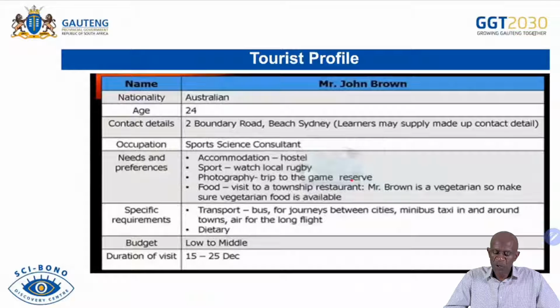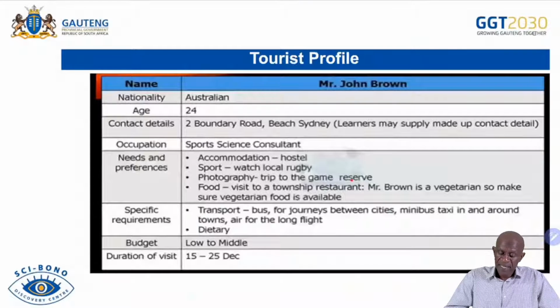Transport will include various modes, and you must remember, no transport mode is better than the other, depending on the preference. So with transport, you are able to establish whether this type of tourist would like to use a bus for journeys between cities, a minibus taxi in and around towns, and air transport more especially for long trips.